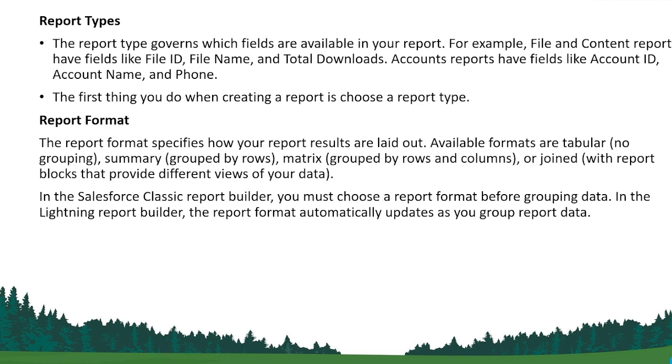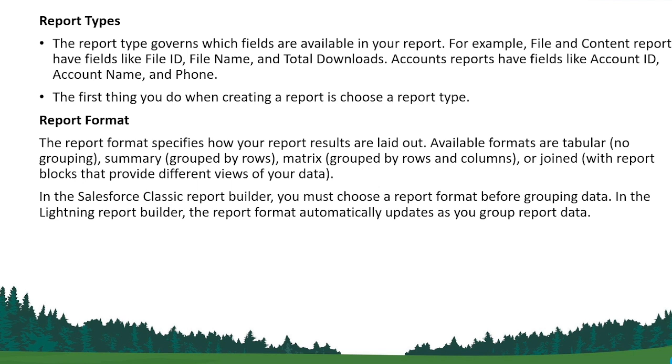Now when I'm talking about the Salesforce Classic, because we have the Lightning report also, in the Salesforce Classic report builder you are grouping the data. So you are choosing a report format before you are grouping the data. The group is formed after the report format is chosen. But in the Lightning report builder, the report format automatically updates the group data.